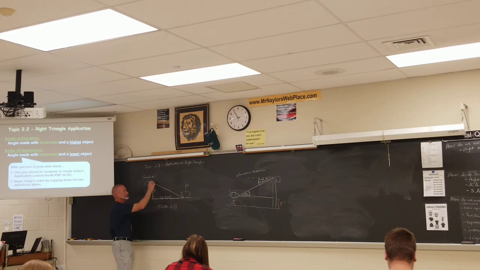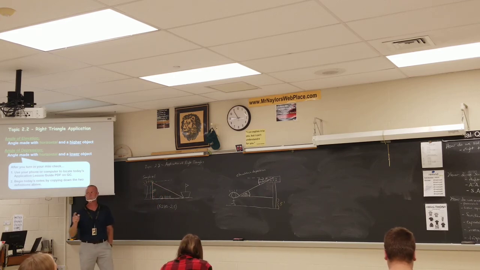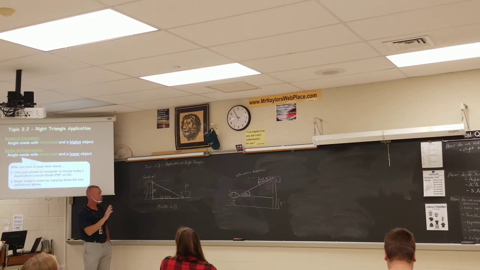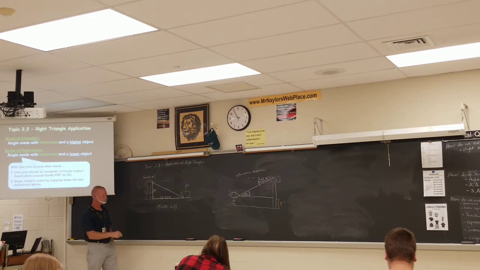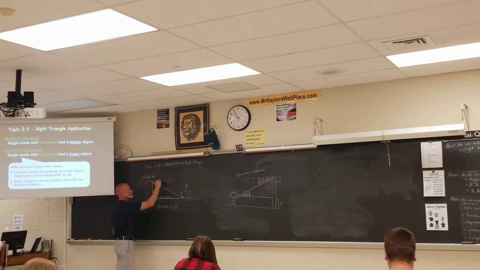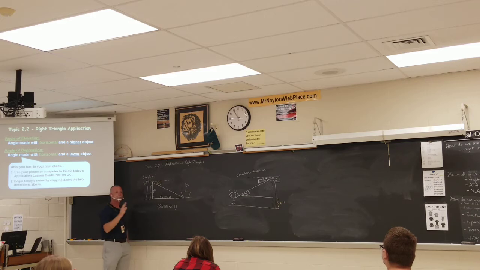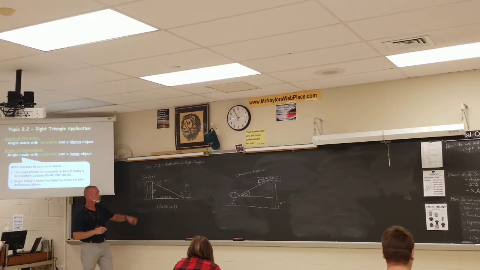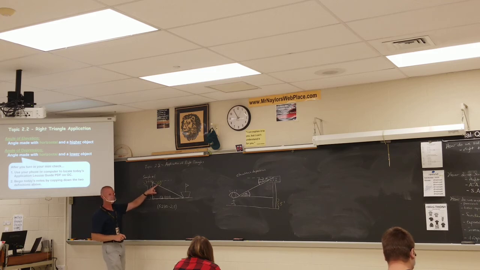Ooh, so we have another reason, and I'm telling you, you always have a reason to draw in that horizontal line. Because this angle right here in yellow, this would be your angle of depression. I'm just going to label it theta, unless you like putting letters on your sketch. Sometimes people want to put ABC, but we could just call it theta. Okay, so that's what we're trying to find.